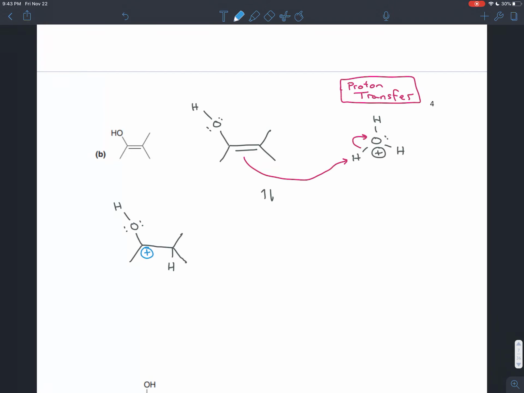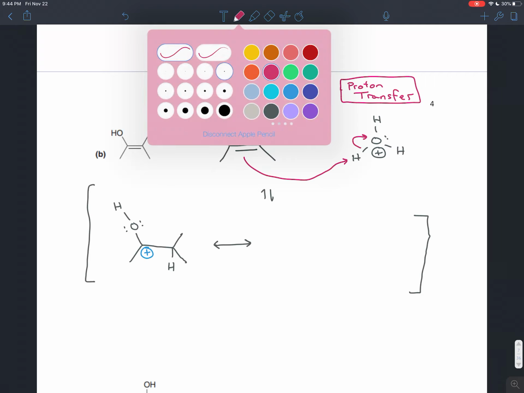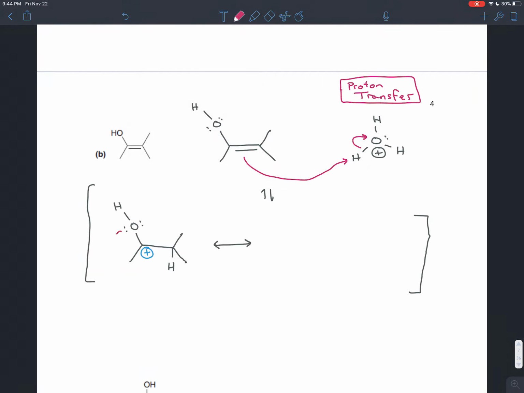And because you have a positive charge next to a lone pair, you have one of those resonance structures. And so this isn't the true structure. The true structure is the average of this and the other resonance structure. To warn people about that, you put these big brackets in, and you draw the special resonance arrow with 1 line and 2 heads. And then to predict that other product, you take the lone pairs that are next to the positive charge and you move them to form a bond toward the positive charge. It should make sense that those negative electrons would be attracted to that positive charge.